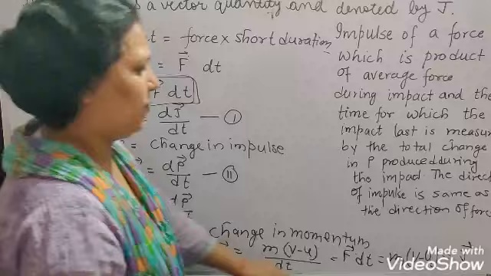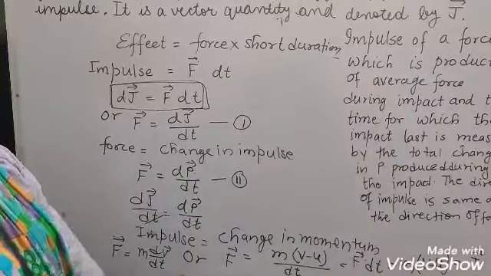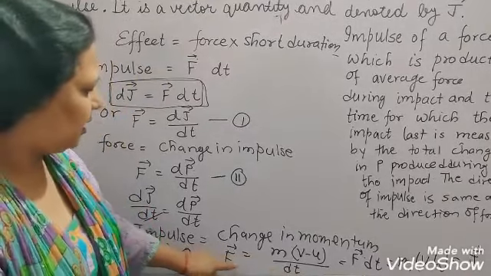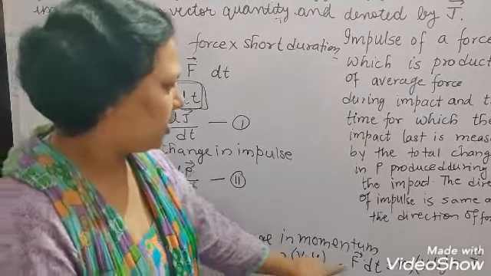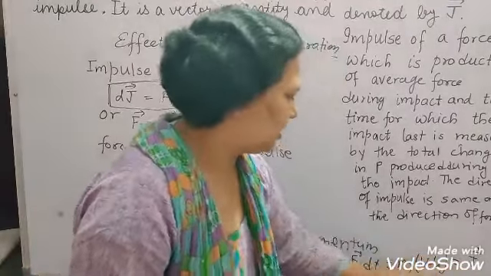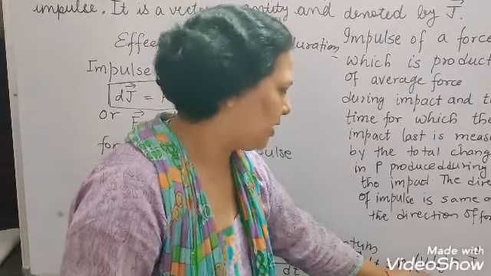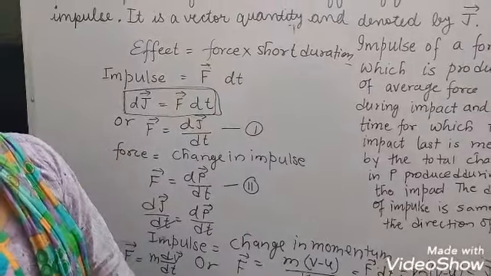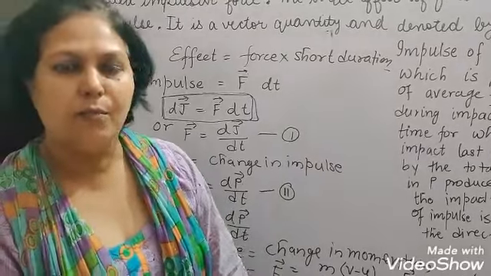That means once again the impulse is equal to F dt. If you take dt to this side, it becomes m(v - u). That means impulse J is equal to mass into change in velocity, and mass into change in velocity is change in momentum. That means the impulse is equal to the change in momentum.